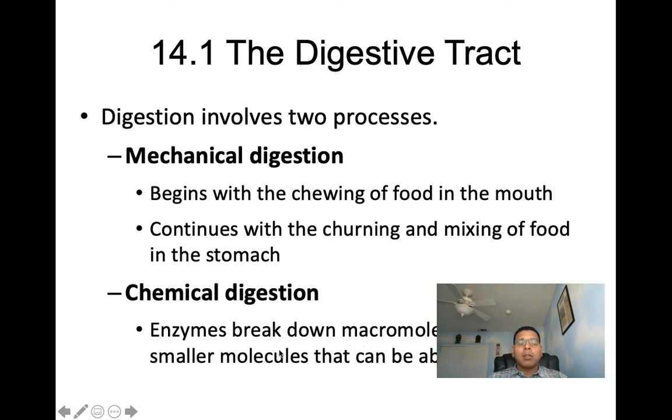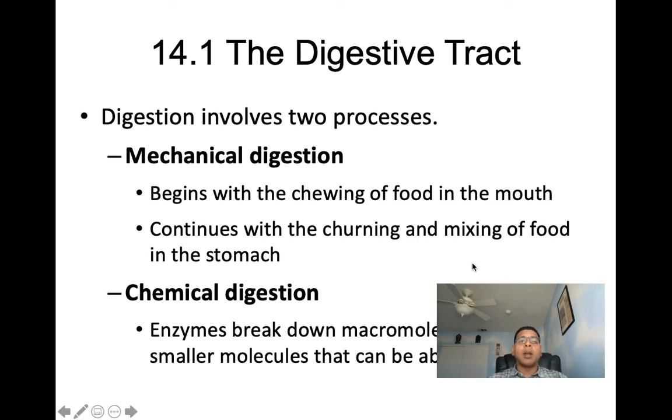Starch being broken down to glucose, proteins being broken down to amino acids, and then lipids being broken down to glycerol and the three fatty acids, all to be absorbed. The hot dog that we ate for lunch or the pizza we ate is not what's going to be floating around in our bloodstream. It's smaller molecules that will be.